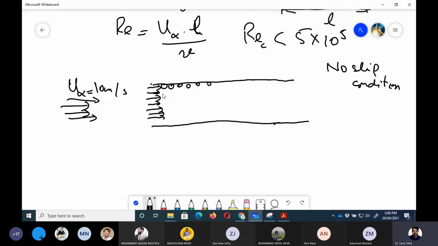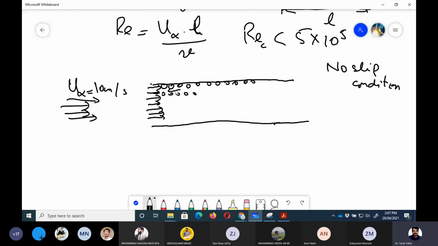So it means that the second layer would experience a drag force in the negative x direction, because the first layer that is sticking with the pipe would apply a resisting force on the second layer.